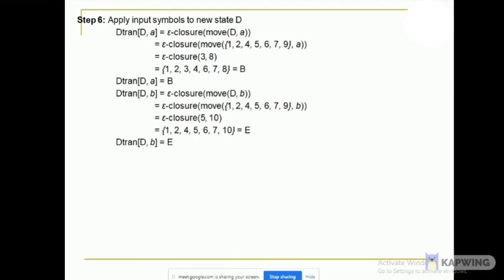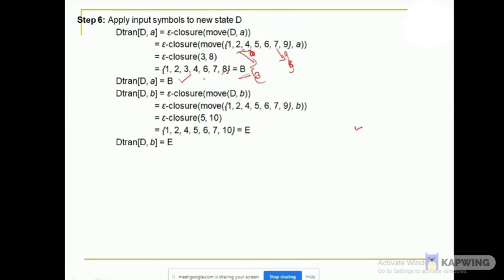One is from 2, it is moving to 3 on A. Similarly, from 7 on A, it is moving to 8. Okay. So the closure of 3 comma 8 is equivalent to the combination for B. So the transition of D comma A is B.